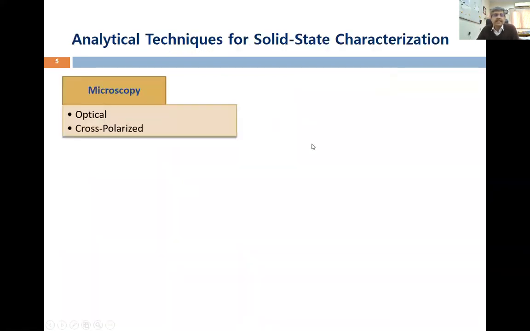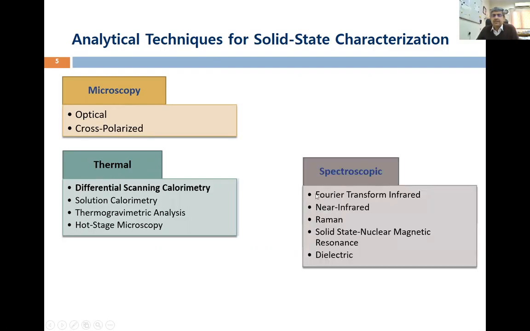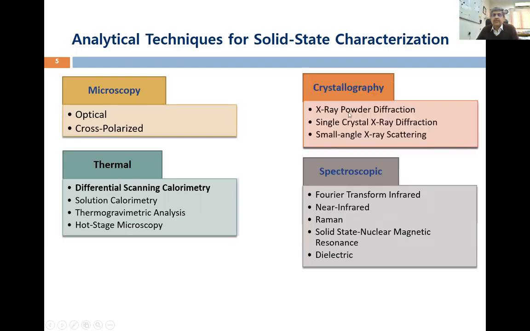These are the techniques that are used in general for solid state characterization. Microscopy like optical microscopy and cross polarized microscopy. Thermal techniques like DSC, solution calorimetry, TGA, and hot stage microscopy. Spectroscopic techniques like FTIR, NIR, Raman, solid state NMR, dielectric spectroscopy.